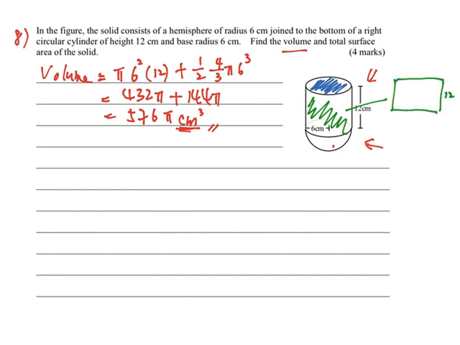So the height is 12, and then for the length, actually is the circumference. That means here, this circumference is 2 pi 6. Circumference, that means the outline of the circle. The last one is the hemispheres. Then we have three parts for the surface area. So let's do it.